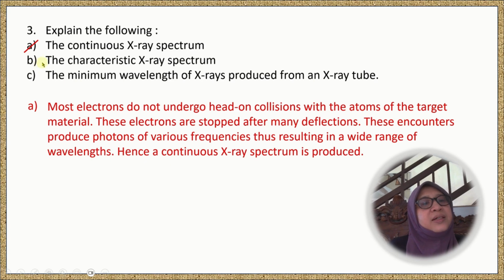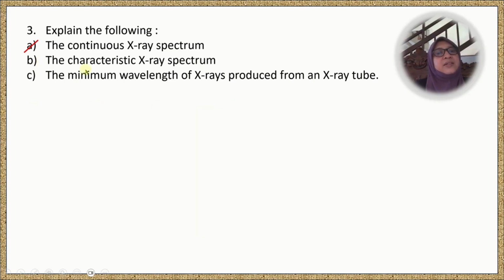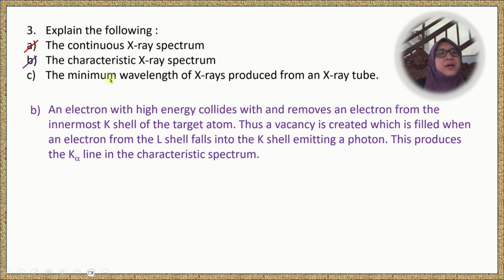Next, the characteristic X-ray spectrum. From the previous question, we can see the two sharp points from the spectrum. That is called the characteristic X-ray spectrum. An electron with high energy collides with and removes an electron from the innermost K shell of the target atom.